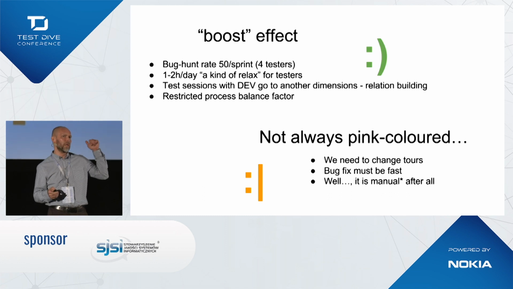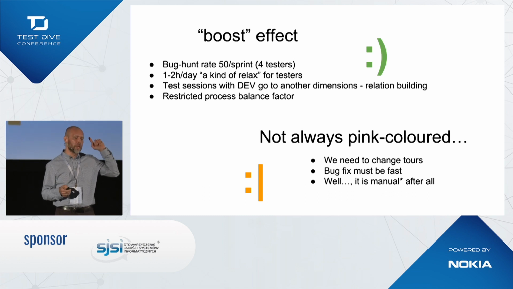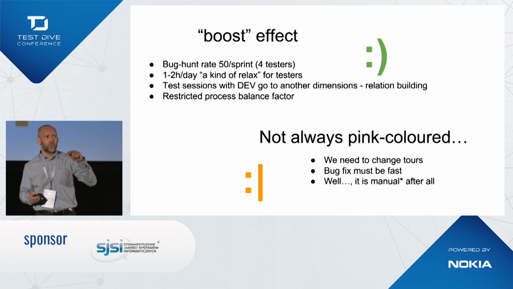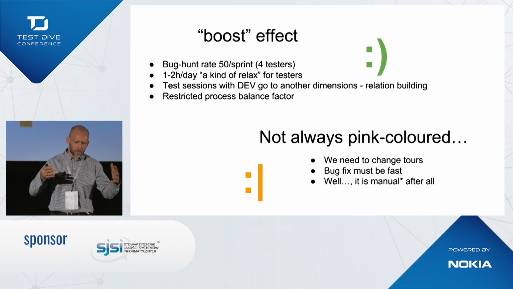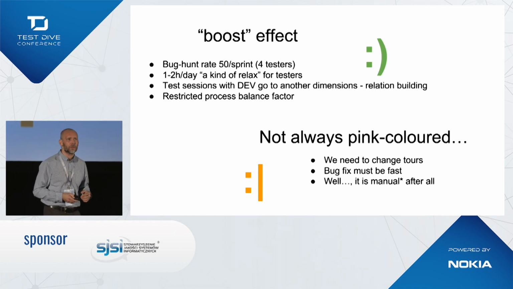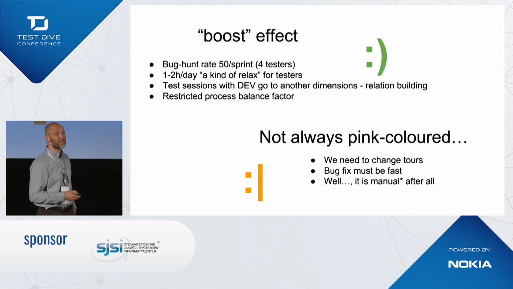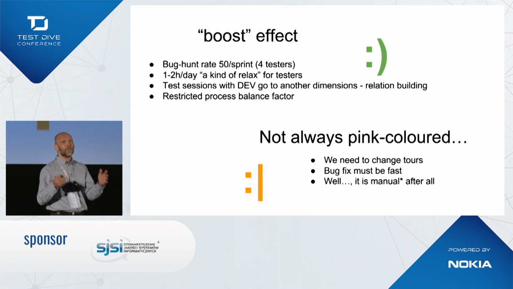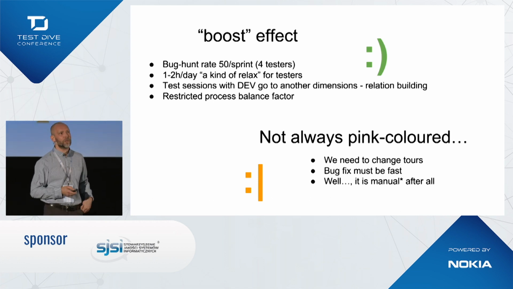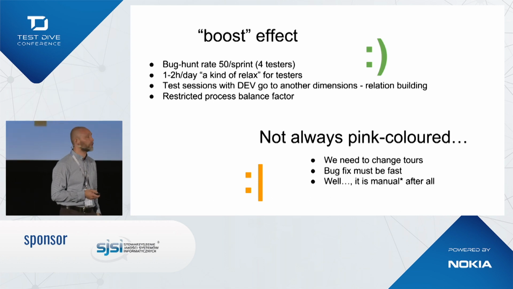So we had to apply also the issue resolution process very well, to be effective. Because if the bug is not solved, then it can mask other bugs which we could potentially discover.